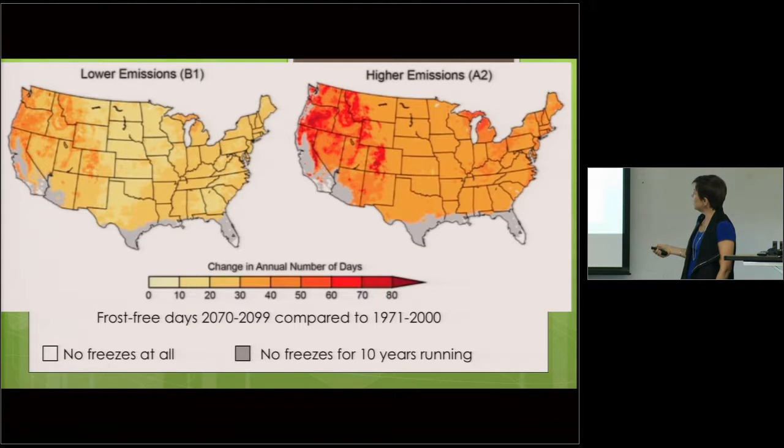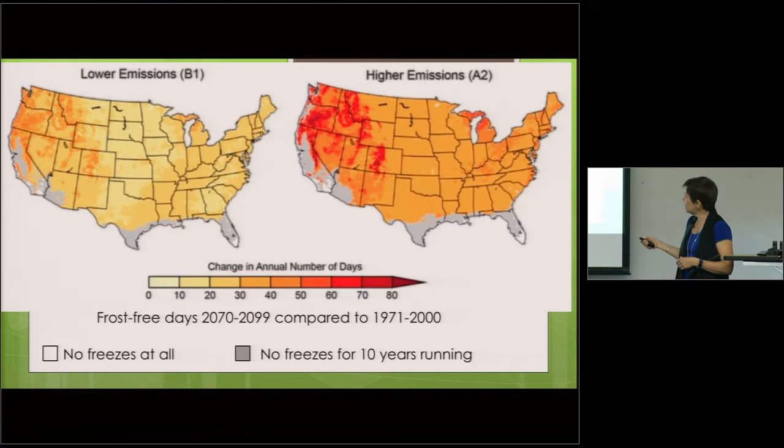What does it look like in the future? So predicted frost-free days for 2070 to 2099. And this is the change in days, so the increase in the number of frost-free days. And you can see that especially in the West, the number of frost-free days is going to greatly increase.